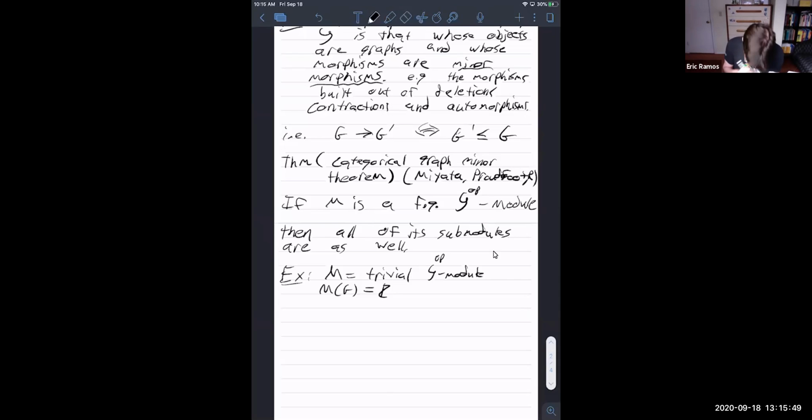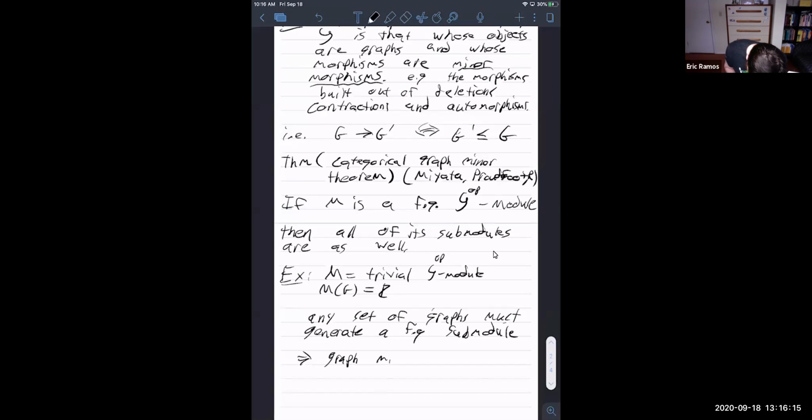So any set of graphs must generate a finitely generated submodule, which implies the graph minor theorem. So this categorical graph minor theorem indeed implies the graph minor theorem.